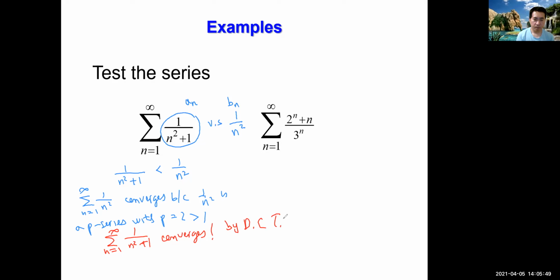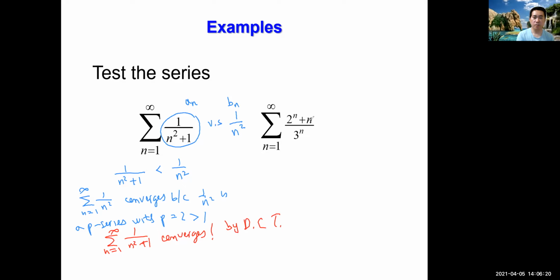Now, sometimes it's a bit harder to compare when you have n's in the numerator as well as the denominator. Okay, so one thing you can do is, when you have more than one term, you're going to drop the insignificant term, like we dropped 1 here.